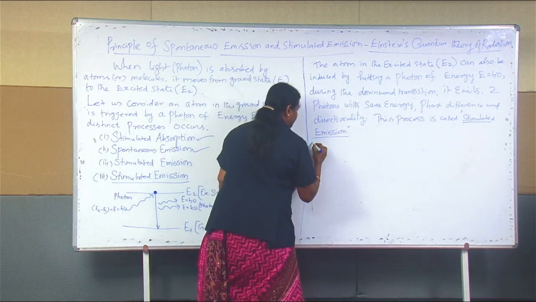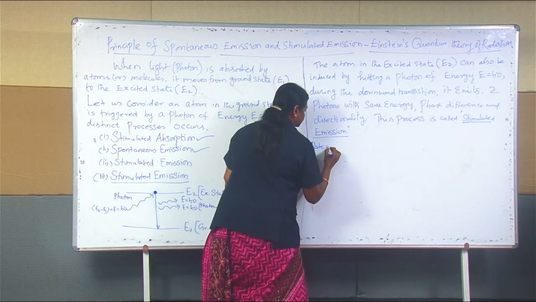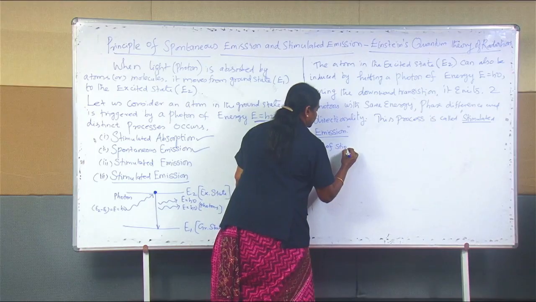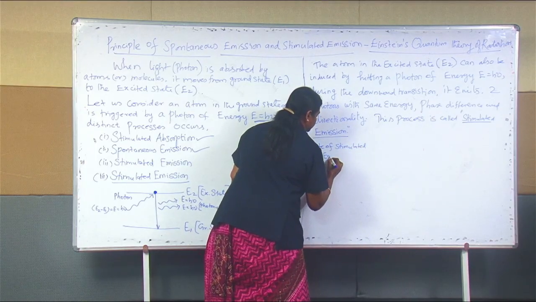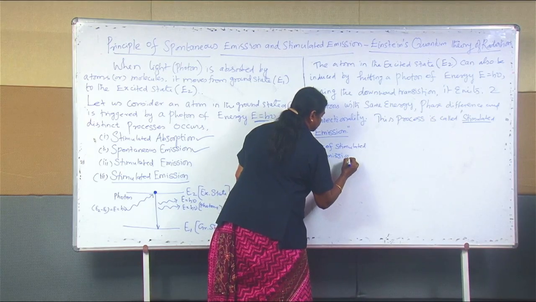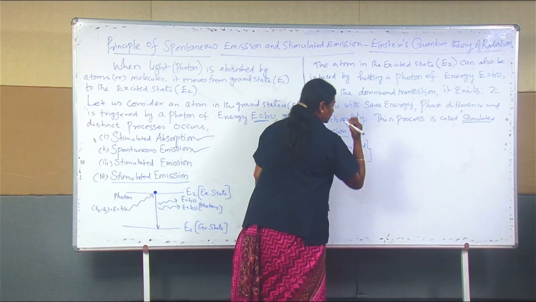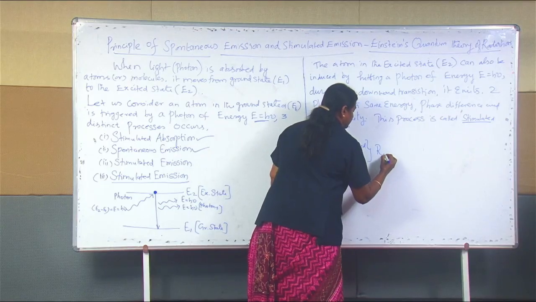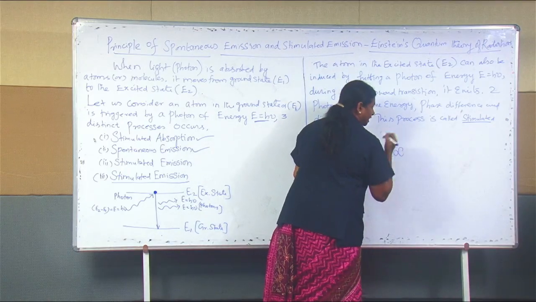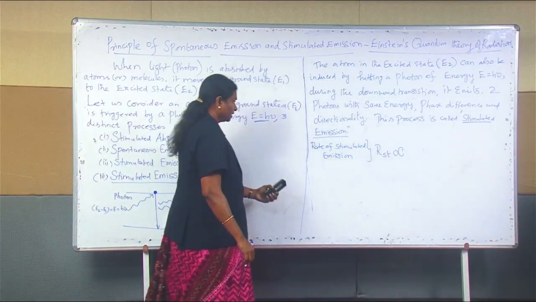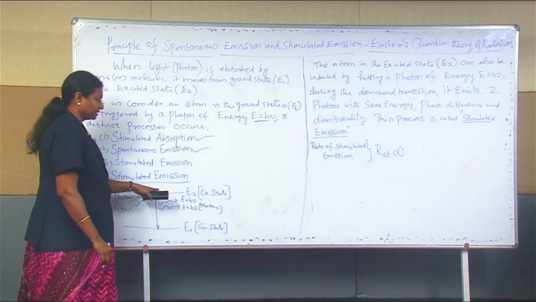Okay. So, rate of stimulated emission can be represented as RST directly proportional to, can anyone tell me what are all the parameters we need to consider here? First one, very good.